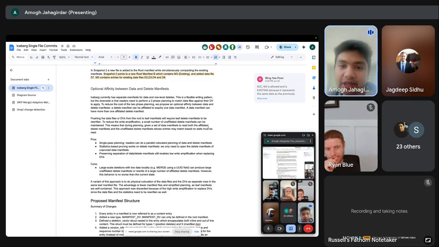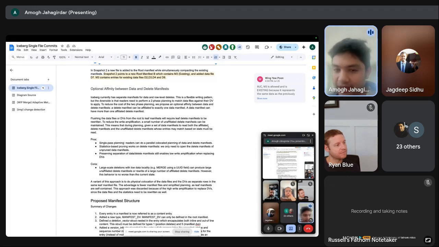What this enables is effectively a co-located two-phase planning, where we don't have to do a more expensive reconciliation of which delete files to apply for a data file. We know exactly, based on stats, which data manifests we need to read, and as a result we know which specific delete manifests we need to read.